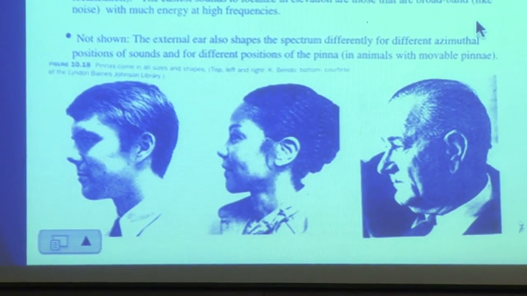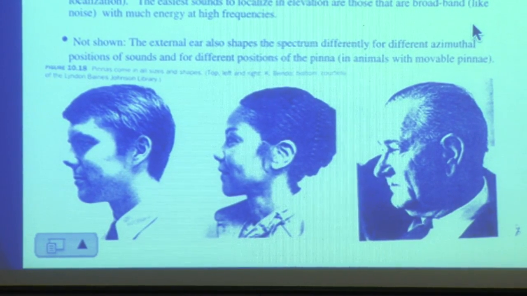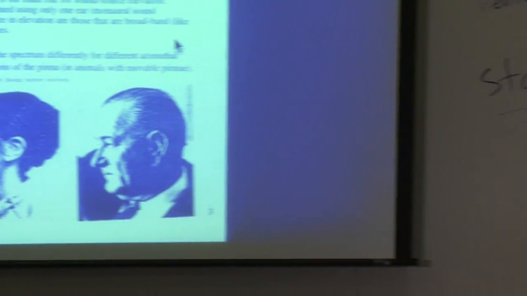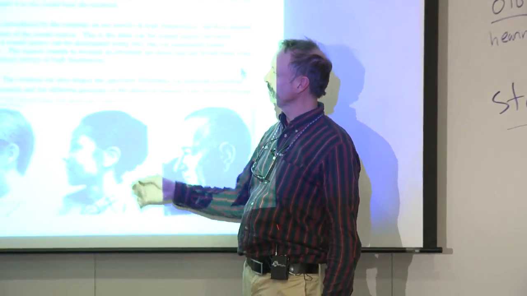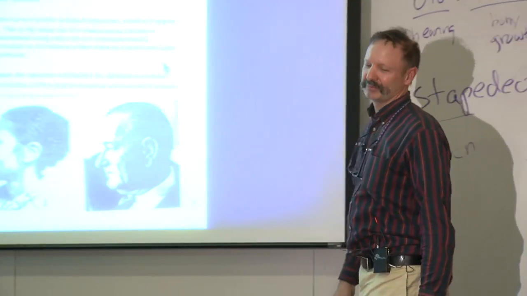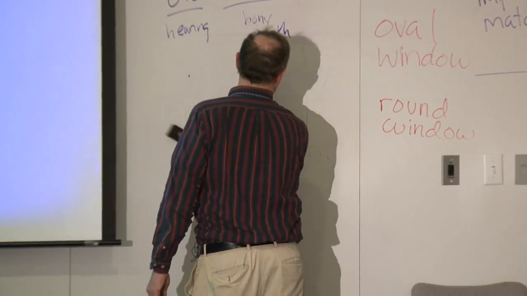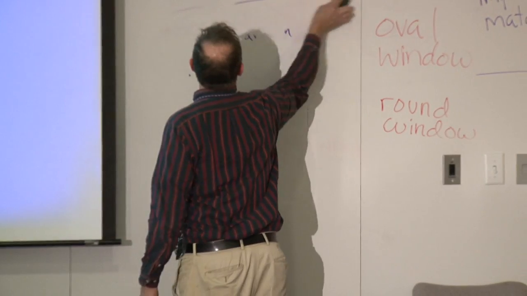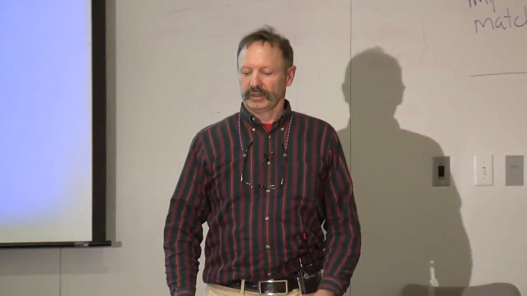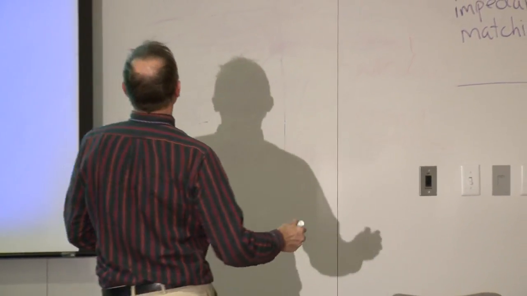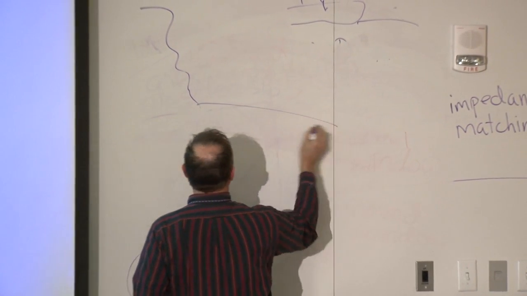It turns out that the external ear can help you localize where sound is coming from. Okay, well, how can it do that? Well, if you have a pinna and you do this interesting experiment, you take a microphone and put the microphone inside. Here's the pinna. Here's the ear canal.